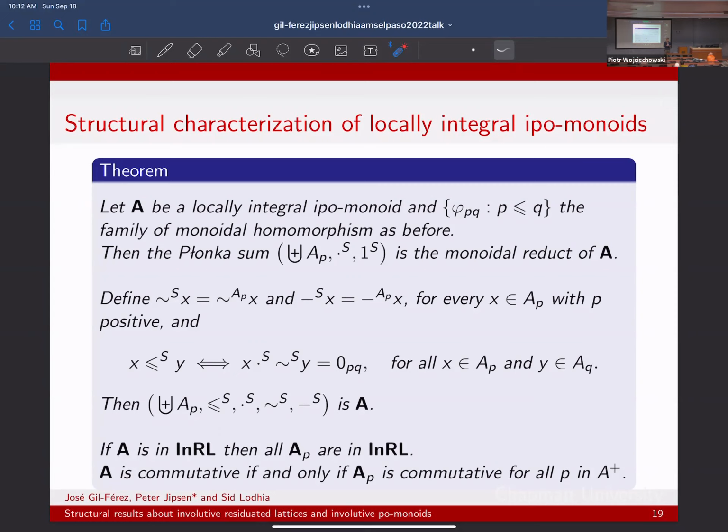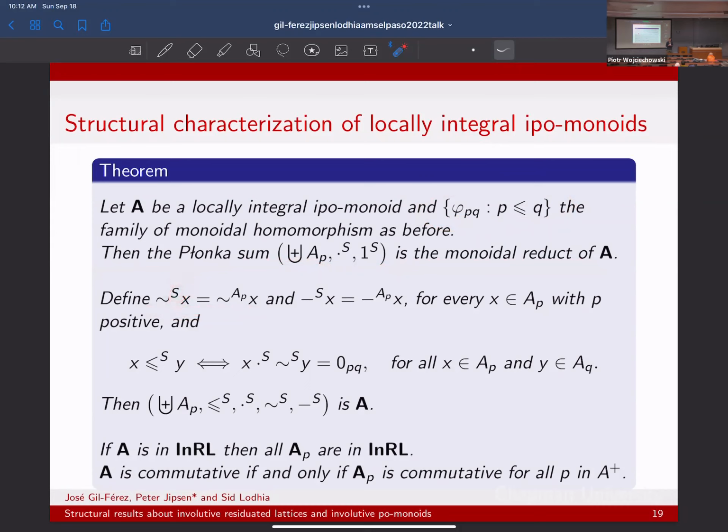So now we have the main theorem, the structural characterization. If you have a locally integral IPO monoid, and you have a family of monoidal homomorphisms as before, meaning defined from the algebra A by multiplying by a positive element, those particular families phi sub PQ, and then you construct the Plonka sum over this family of compatible monoidal homomorphisms, then you can define the tilde on the whole structure.